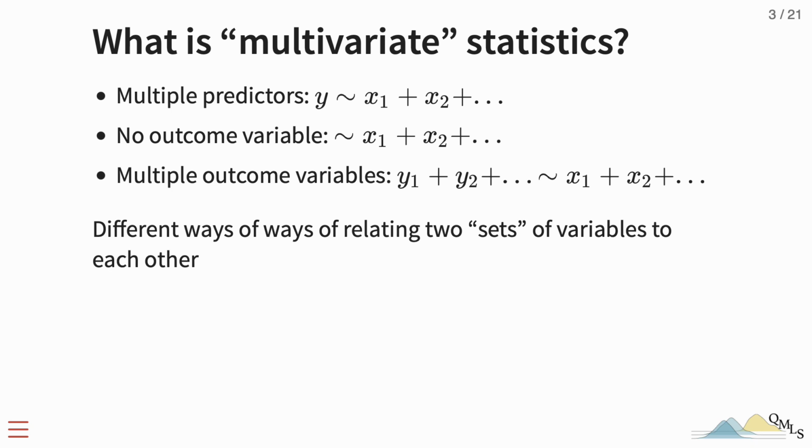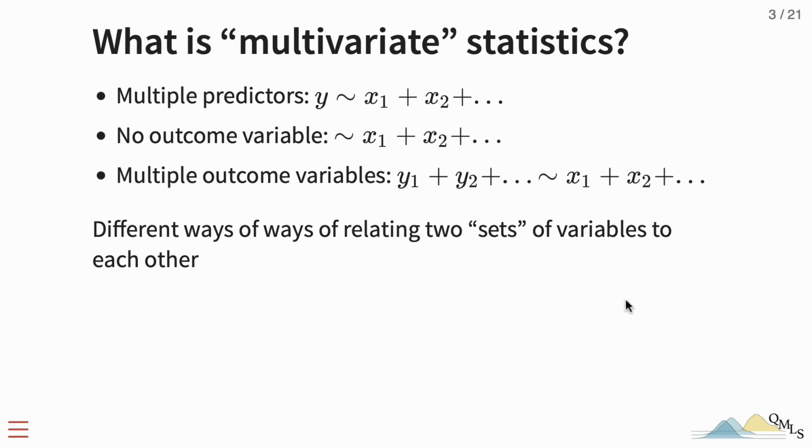It can be no outcome variable, so you can just be exploring the relationships between a set of variables without trying to predict one. And it can also be multiple outcome variables. These two are the more common ones that will be referred to as multivariate statistics, where you have either nothing on the y side or many things on the y side.